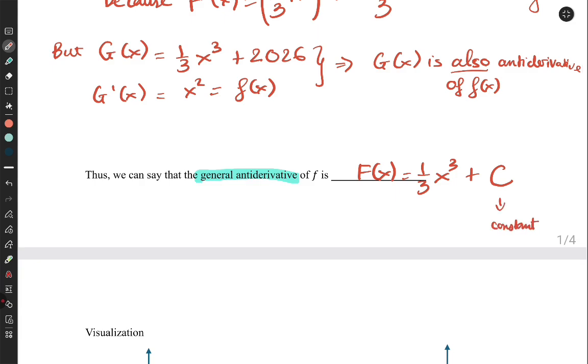A general antiderivative, that general technically is like a family or a set of functions. A family of functions. How do I know that family? Right here. That C gives you unlimited options.